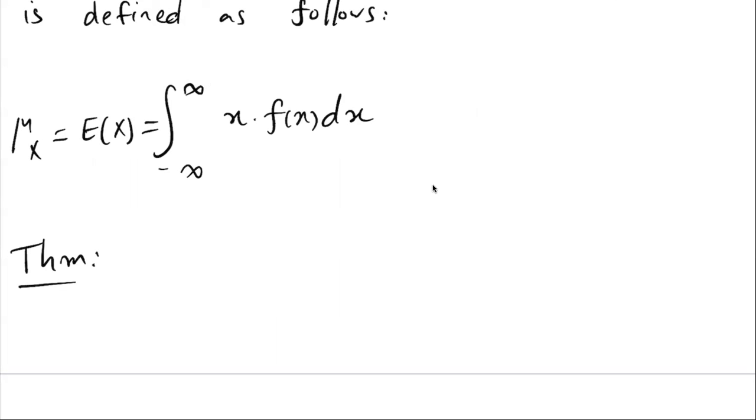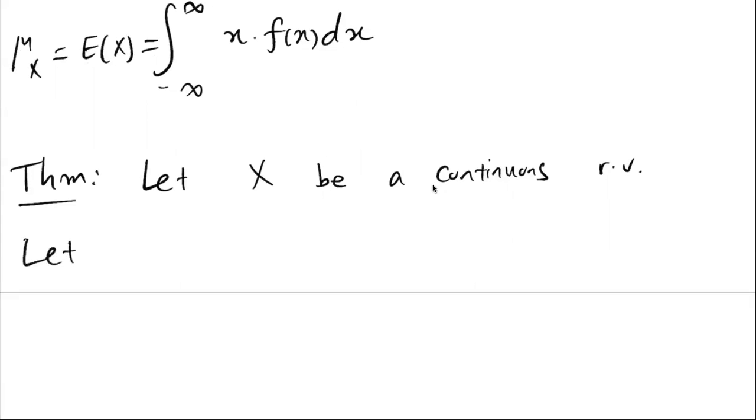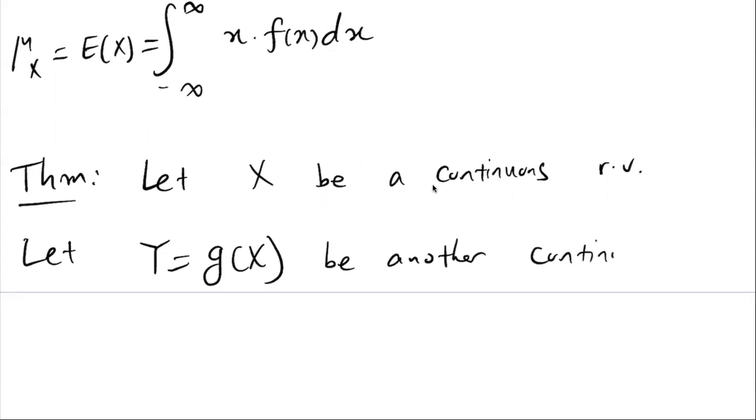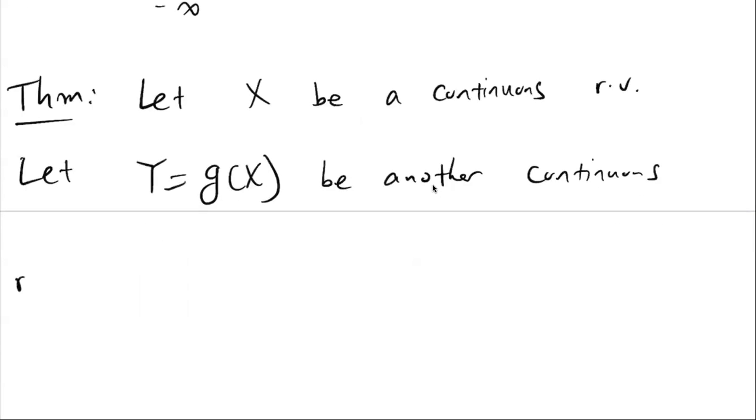If you want the expected value of g of X for some function g, again, let X be a continuous random variable, and let Y equals g of X be another continuous random variable, where g is an arbitrary function.